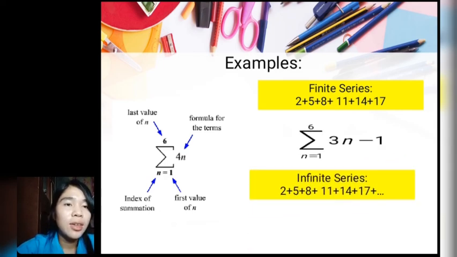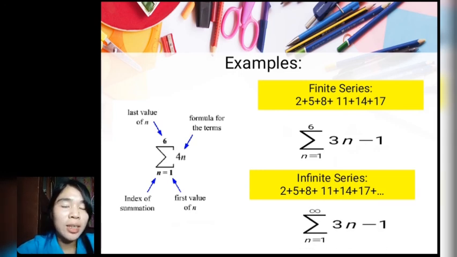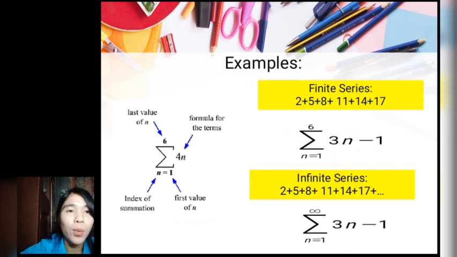Next, we have the infinite series: 2 plus 5 plus 8 plus 11 plus 14 plus 17 plus, and so on. Using the summation notation, we have the summation of n equals 1 to infinity of 3n minus 1.